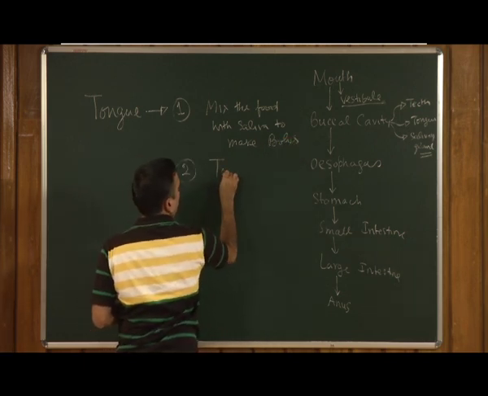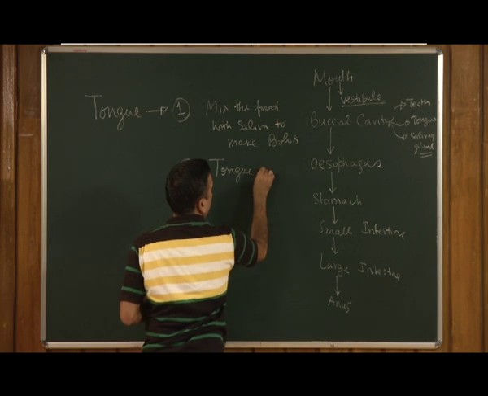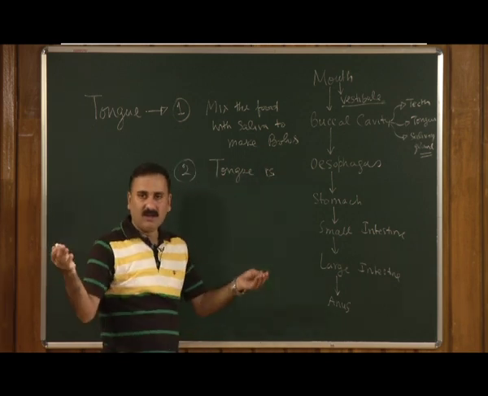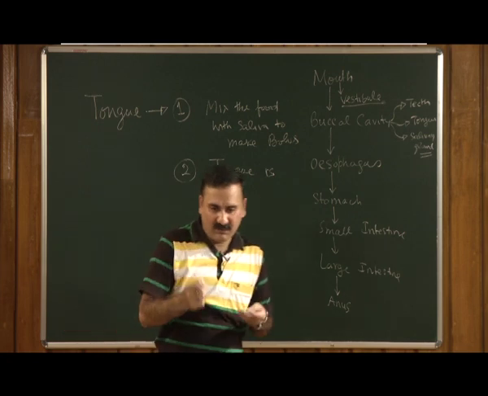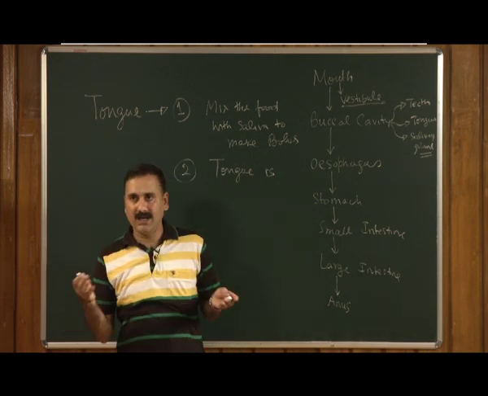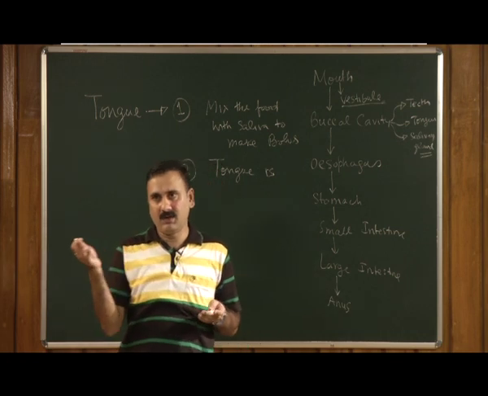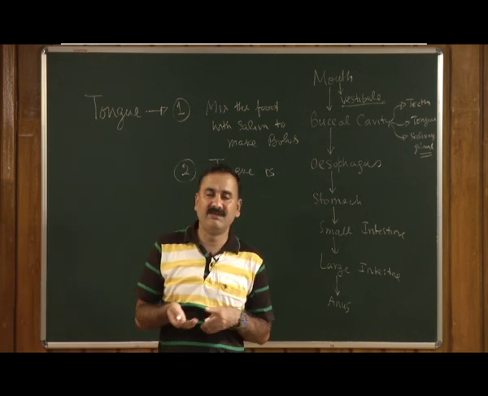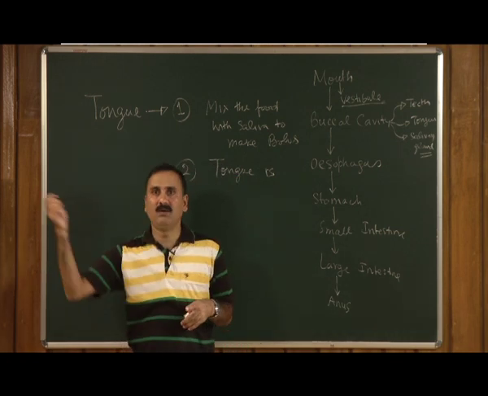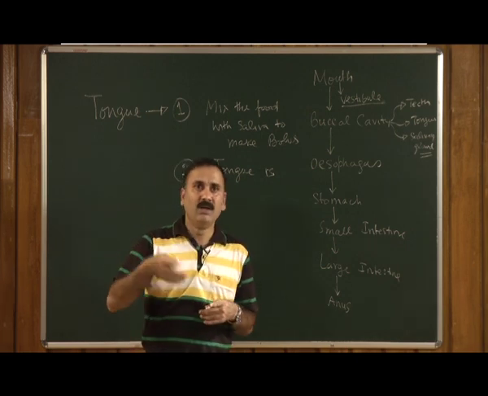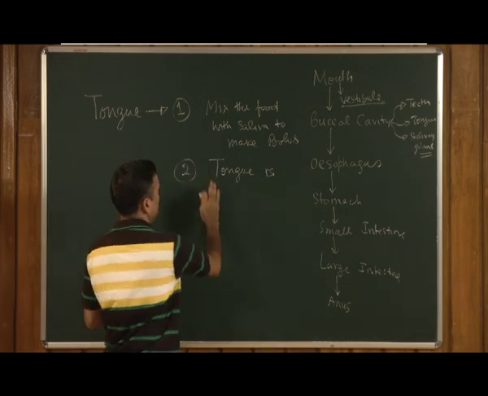With the help of filiform papillae, the tongue can hold the food within the buccal cavities and bring the food to the different types of teeth, and that is how it helps in mastication.